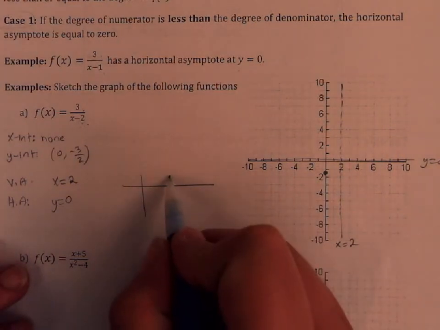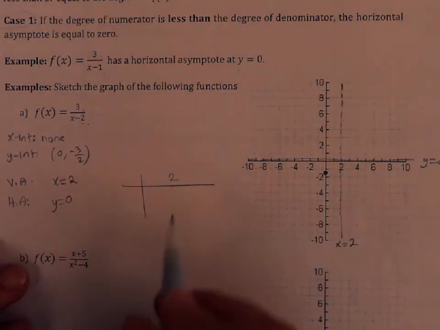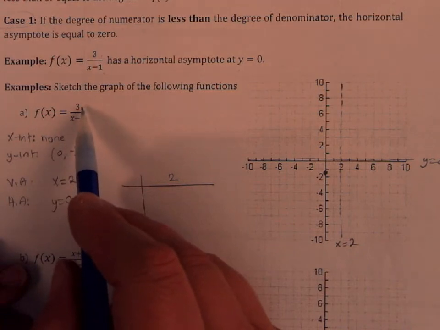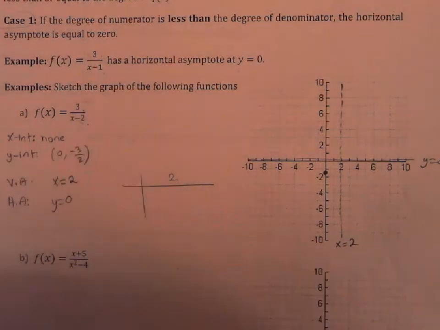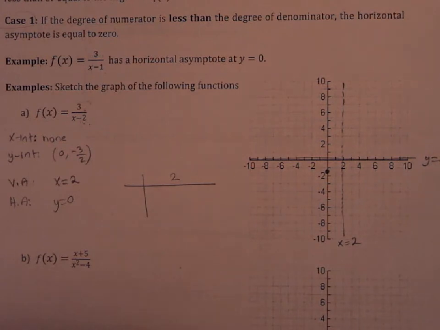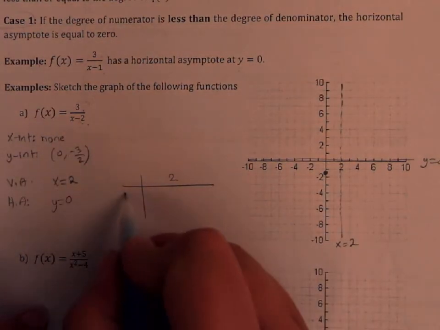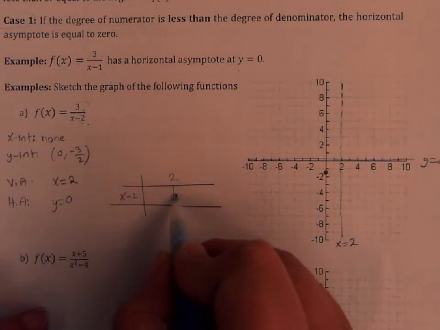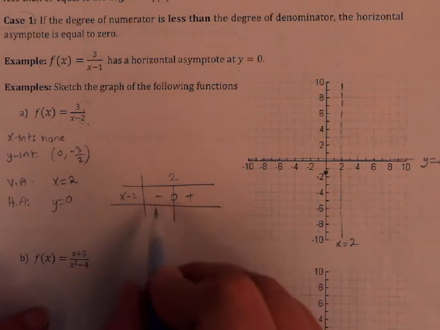So you put the 2 in your factor table, and so take all the factors. So this is positive 3, and positive numbers have no effect in the factor table, so I'm not going to take it. I'm just going to take the x minus 2 here. So it is 0 here, negative before, positive after.